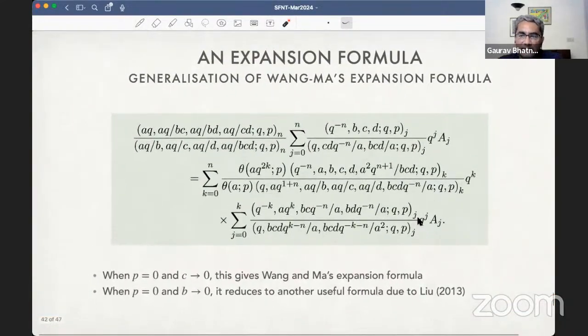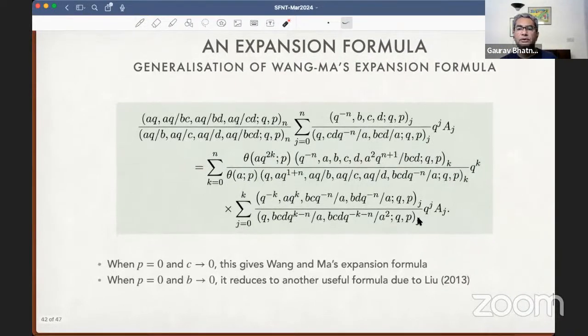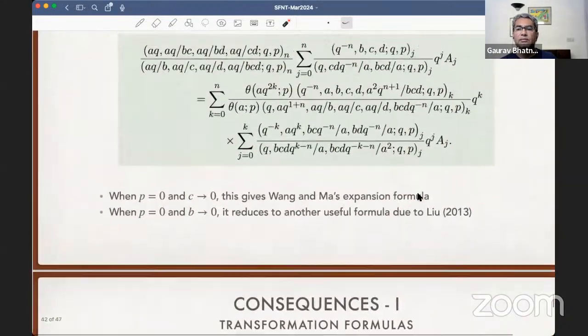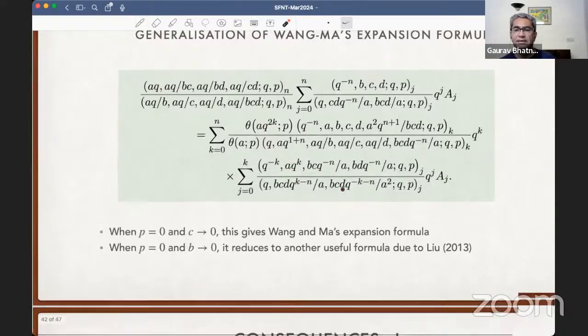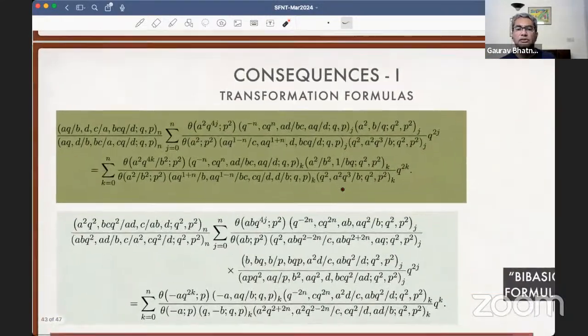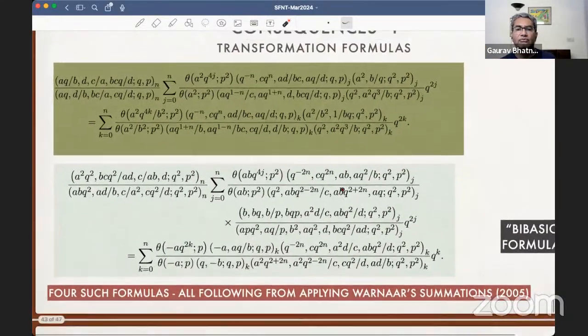So this is the main result which we have. Let me show you some obvious consequences. One thing we could do is take A_j to be such that this side becomes summable. A lot of terms over here are elliptic and balanced, etc., so there's no problem. We did that, and we got 4 such formulas.